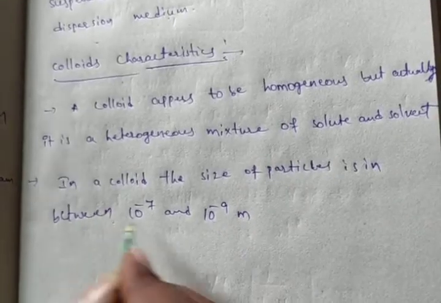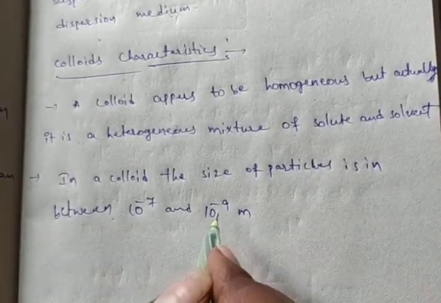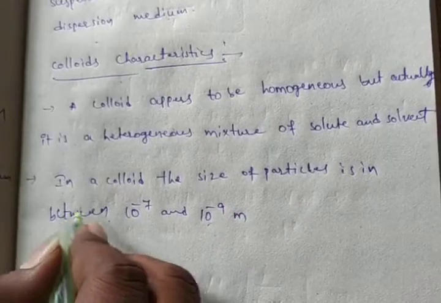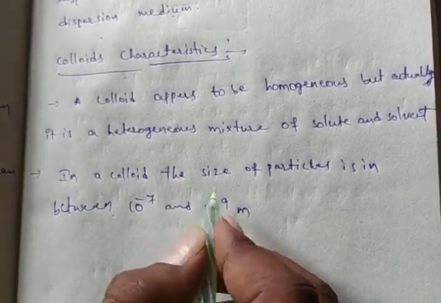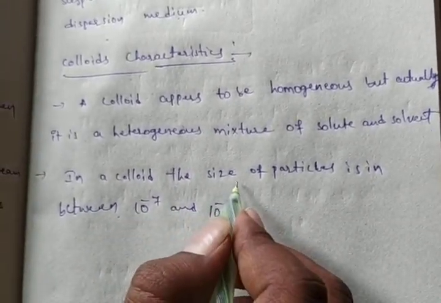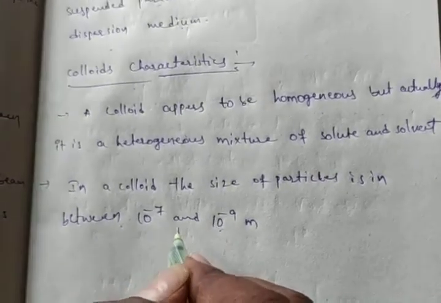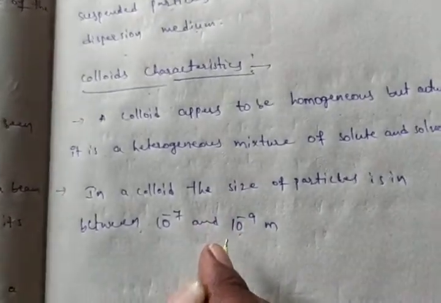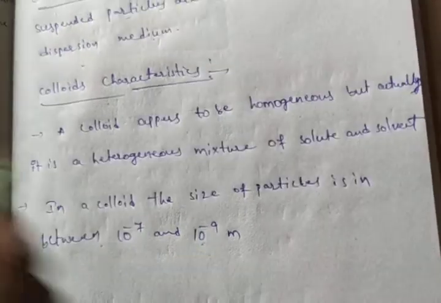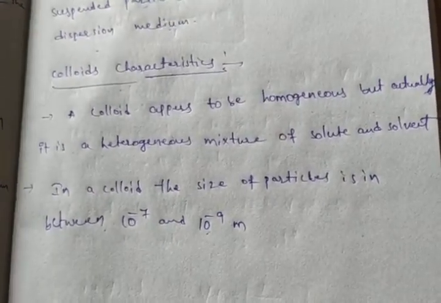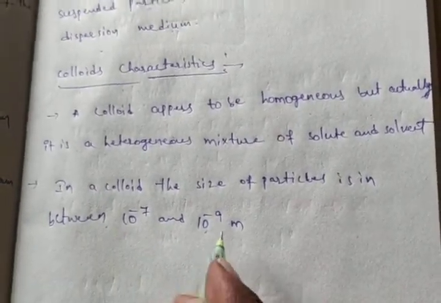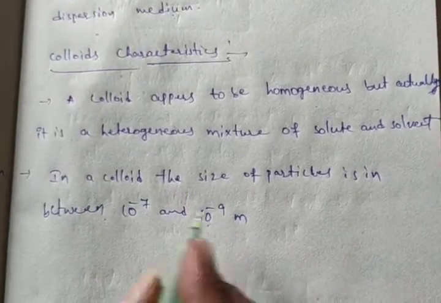That means the particles are too small. In a colloid, the particles can be seen only with a powerful microscope.